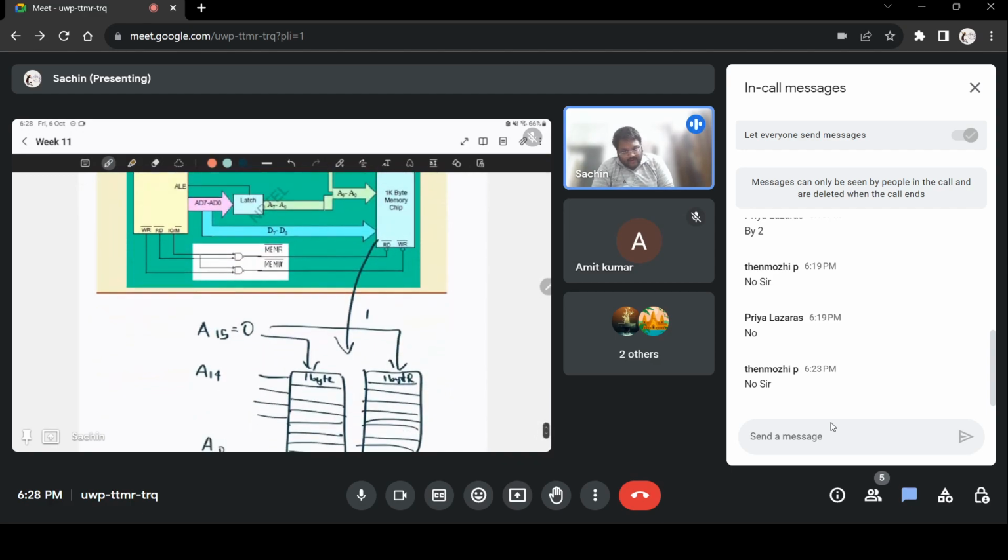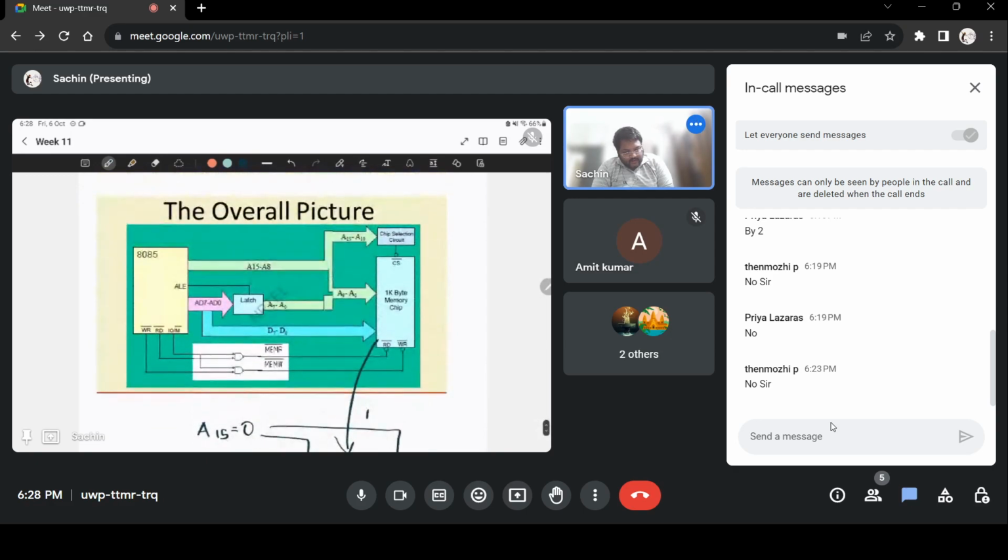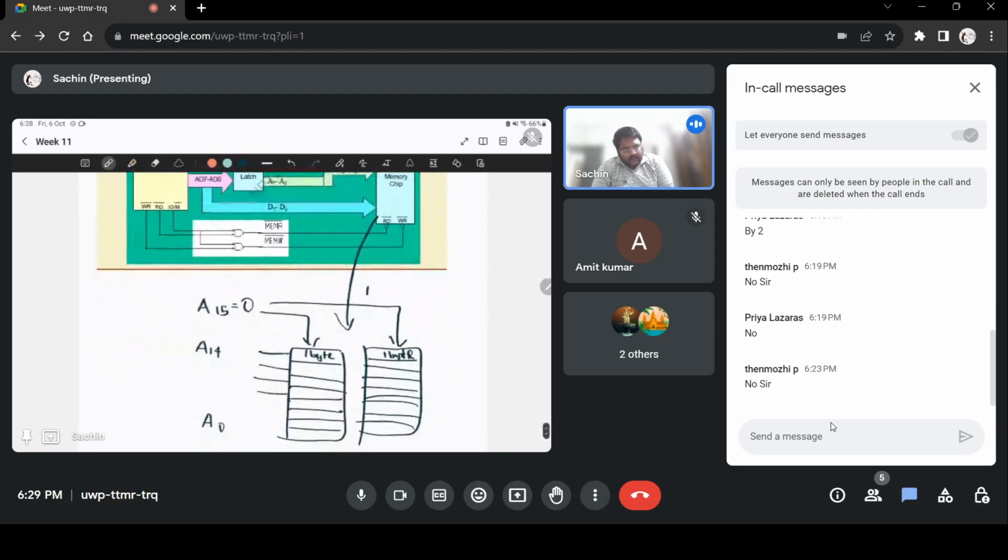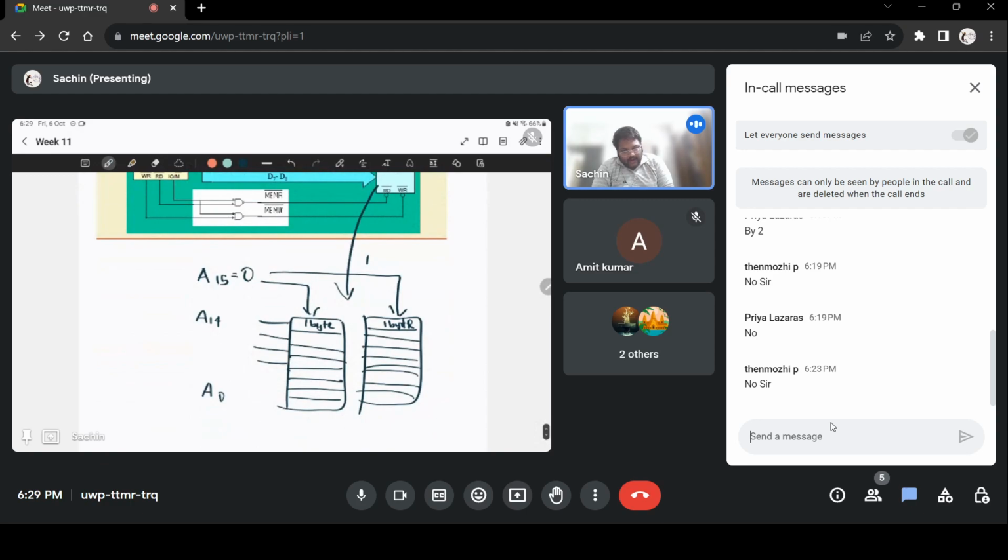So some of the bits can be used to access a chip, and the rest of the bits can be used to tell you the address within the selected chip.